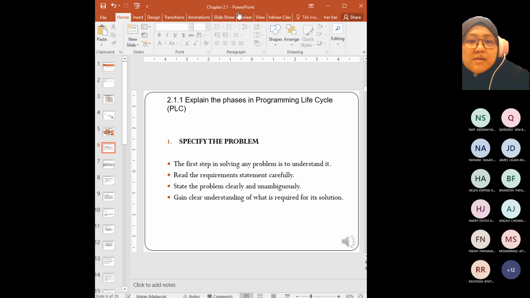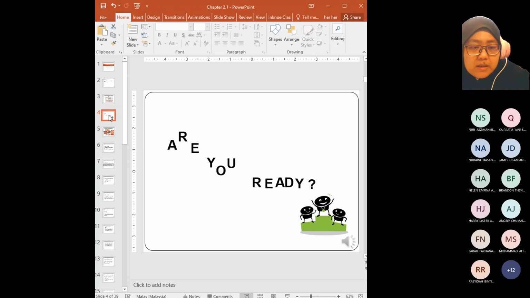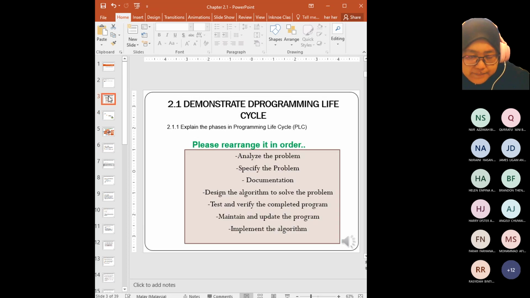Okay, then dalam PLC, we have a life cycle of programming language. Dia ada life cycle dia sendiri. Macam kalau kat sekolah dulu kita belajar life cycle of frog. Mula daripada telur, jadi berudu, keluar kaki, mula kaki belakang, lepas tu kaki depan kan.